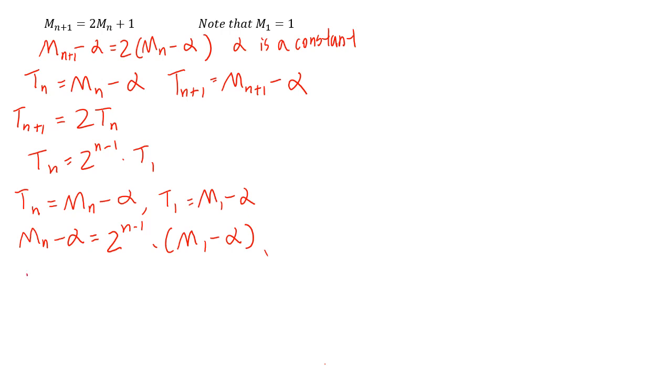Thus, Mn equals 2 to the power of n minus 1 multiplied by M1 minus alpha, plus alpha. We know that M1 is a constant and it equals 1 as stated here, and alpha is also a constant. So essentially we have already solved for Mn in terms of n.